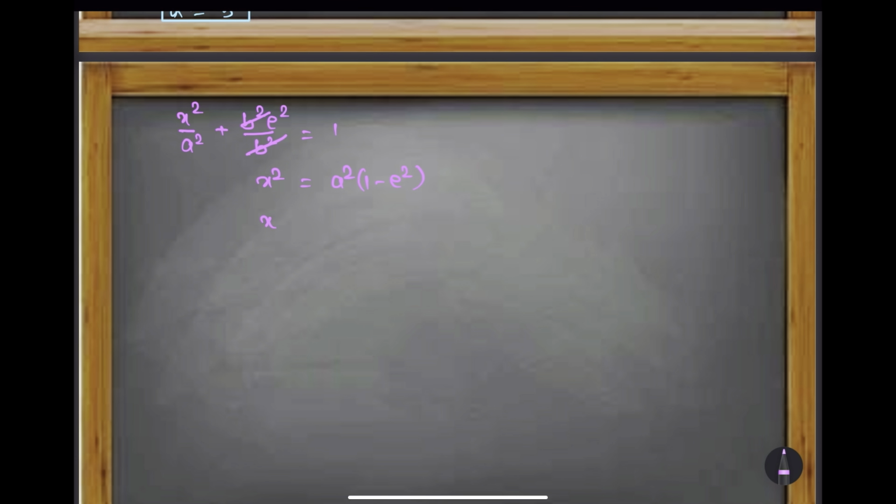So can I write x as root over plus or minus a square times 1 minus e square? So can I say that the length of latus rectum will be 2 times root over a square times 1 minus e square.